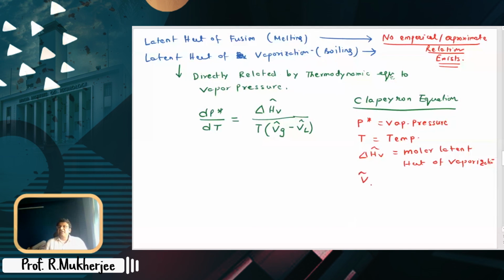And Vg and Vl are specific volumes or molar volume of the gas and the liquid.